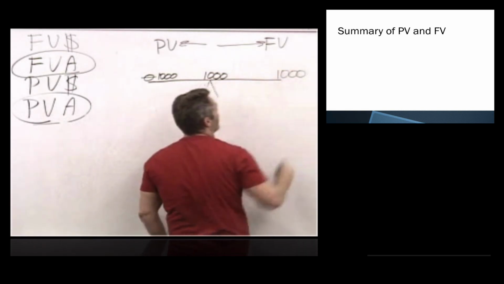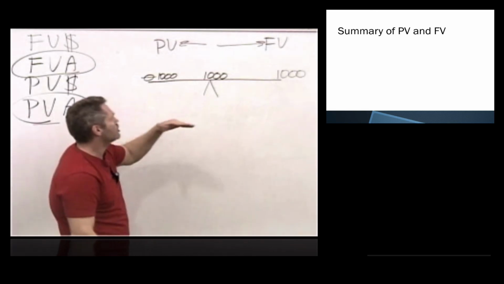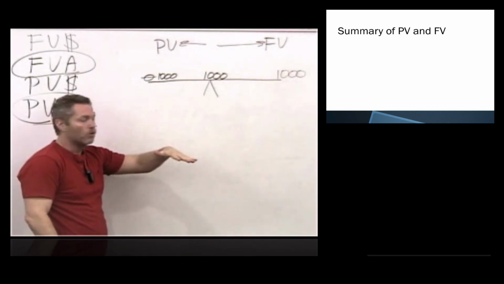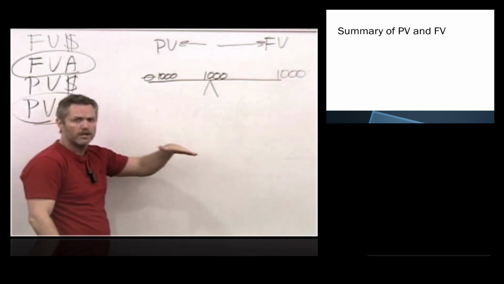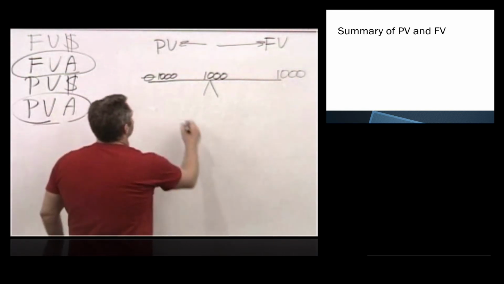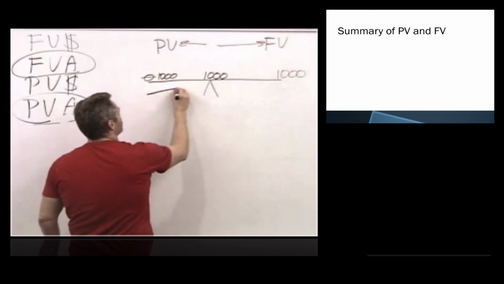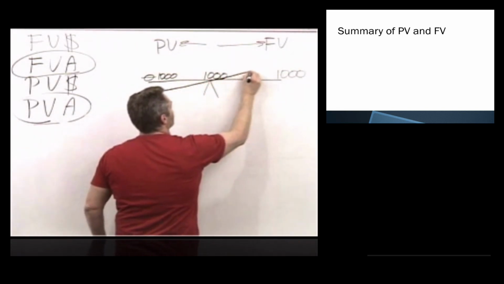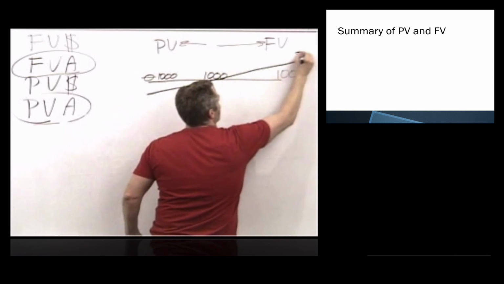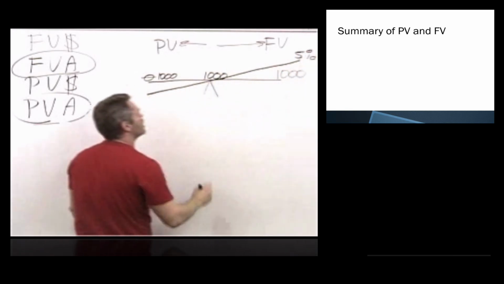is $1,000. But as soon as you introduce an interest rate, or basically a slope to that line, we start getting differences. So if I put a 5% slope to this line, now I've got a 5% line.